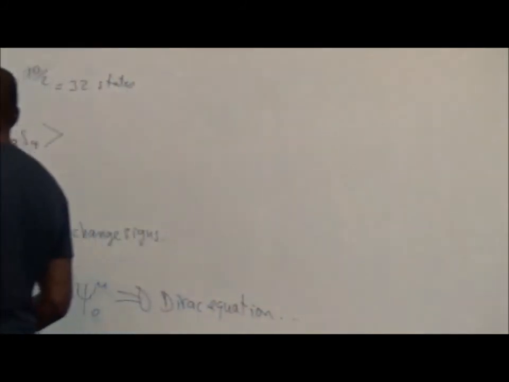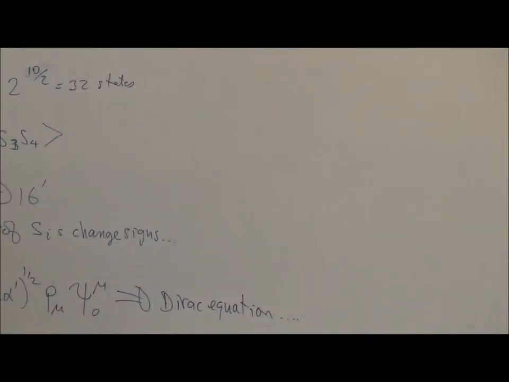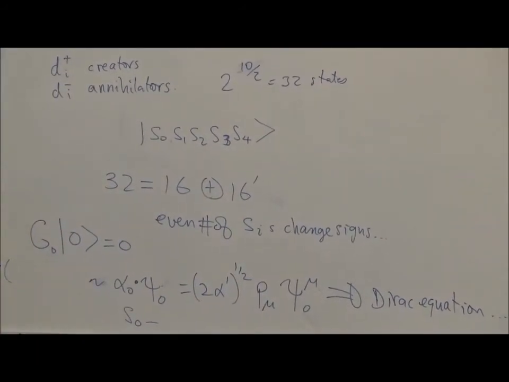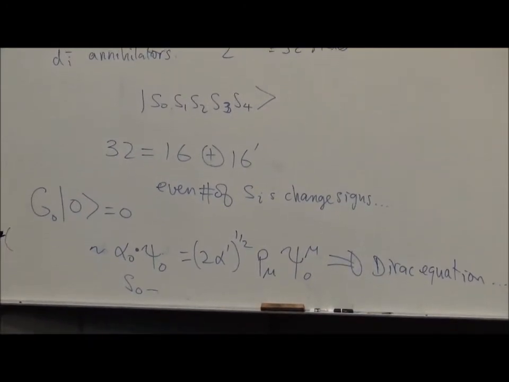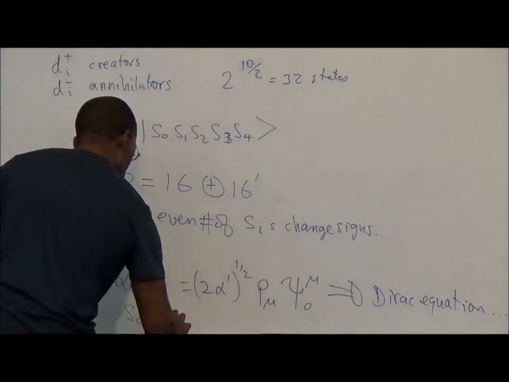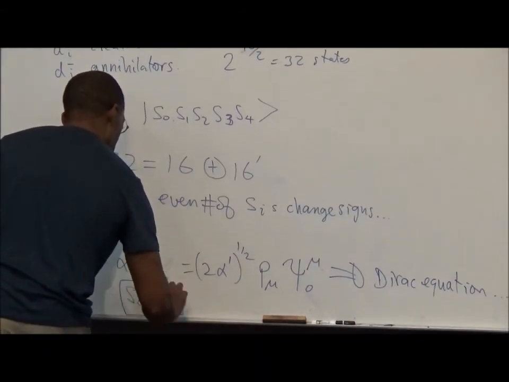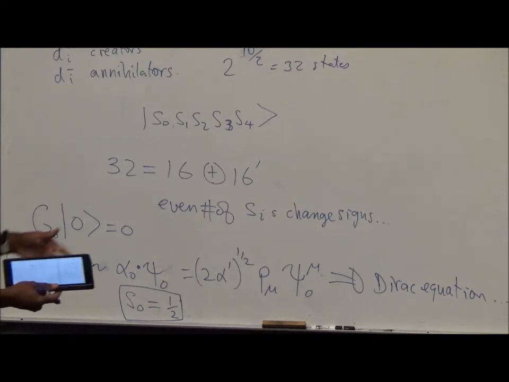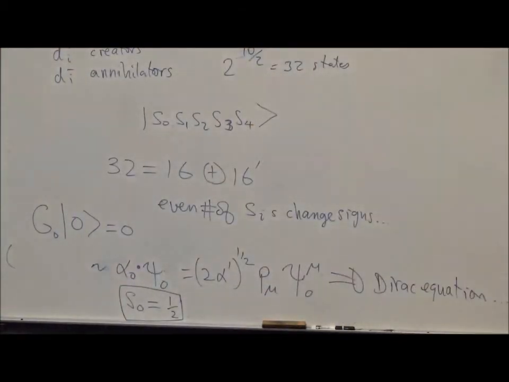I think that should translate into setting S0 to plus or minus a half, and I think in my conventions it's actually a half.